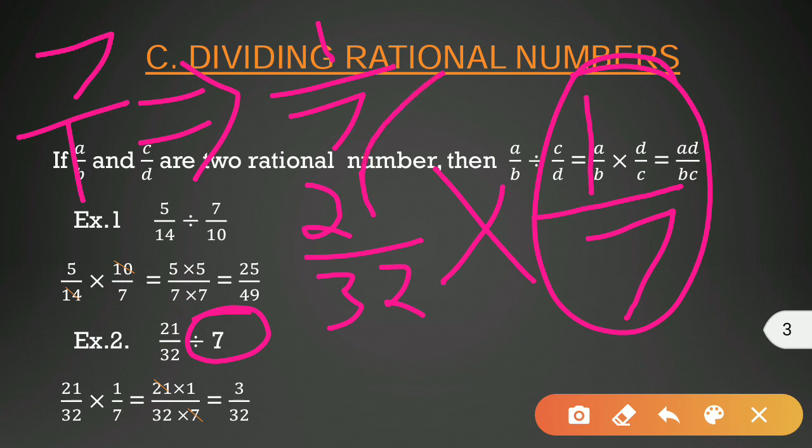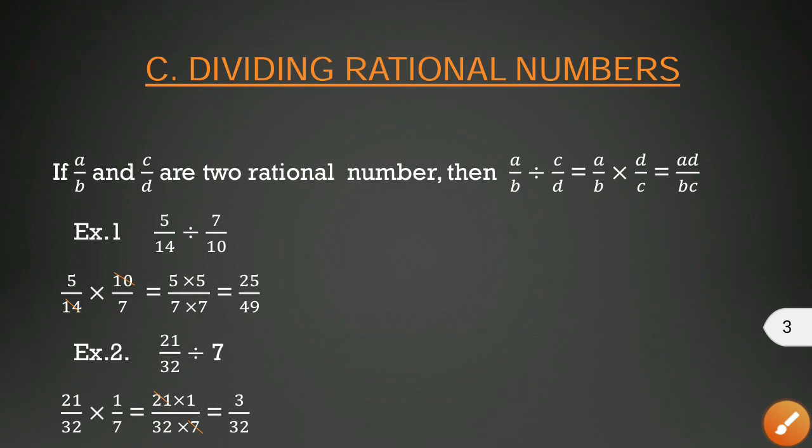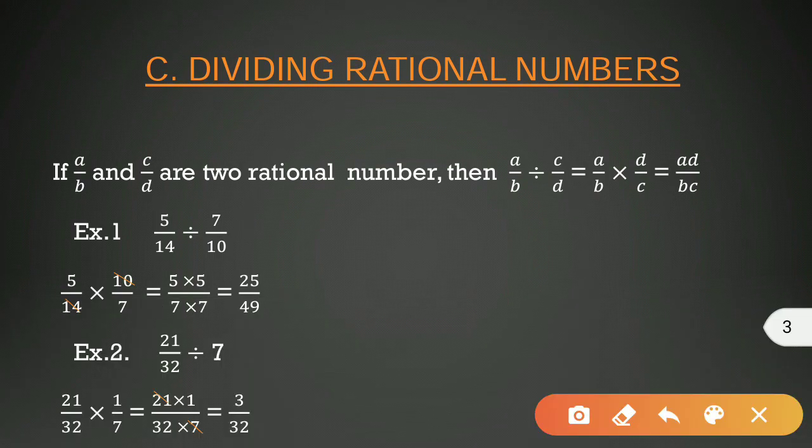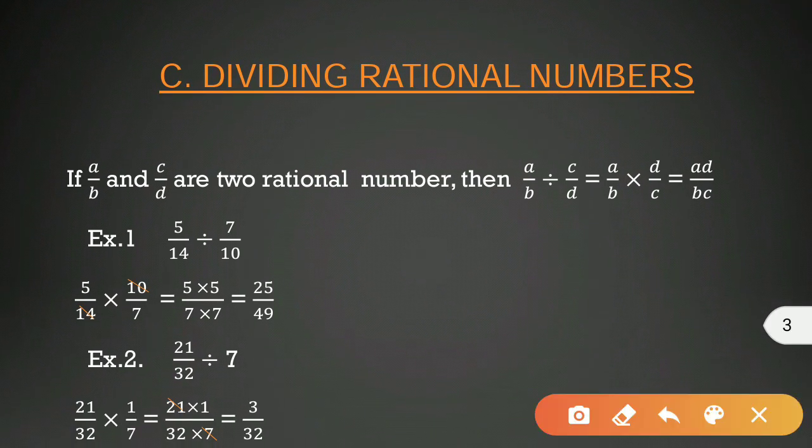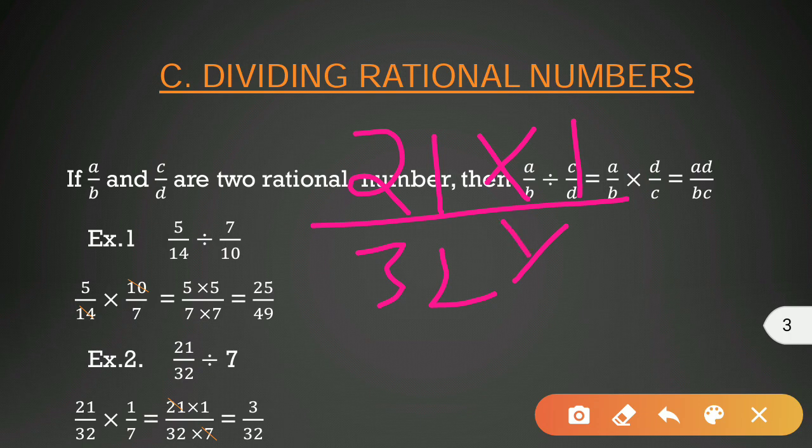Now multiply the numerators and multiply the denominators. 21 into 1 upon 32 into 7. 21 into 1 gives you 21. You can cancel this. Here I have written 21 into 1 upon 32 into 7.